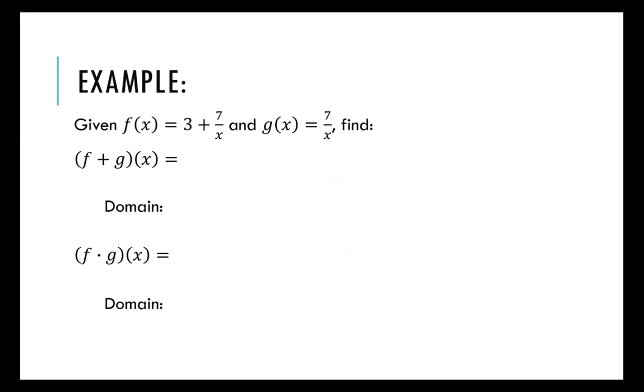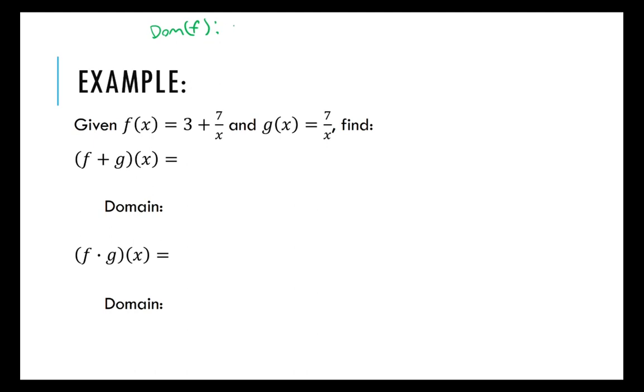New functions. Given f of x is 3 plus 7 over x and g of x is equal to 7 over x, we're going to find f plus g, f times g, and their domains. So let's first talk about the domain of f and the domain of g. The domain of f says anywhere you divide by a variable, that thing can't be 0, so we divided by x here, so I know that x cannot be 0.